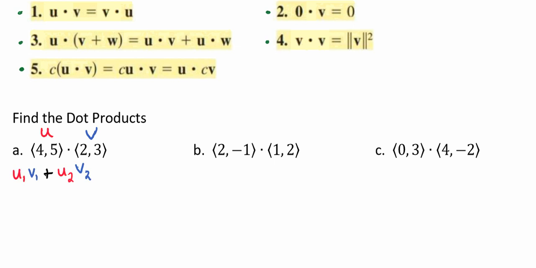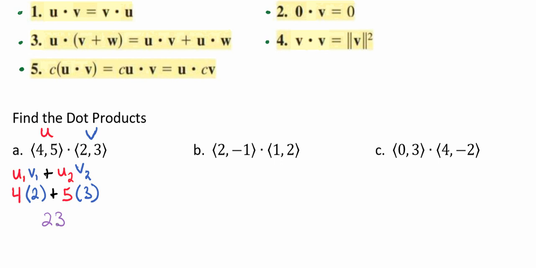Let's remember that our dot product is the u1 times the v1 and the u2 times the v2, so we can go ahead and plug those in. And so we have 4 times 2 plus 5 times 3, which is going to give us a value of 23. So here, our u times v produces the scalar 23.